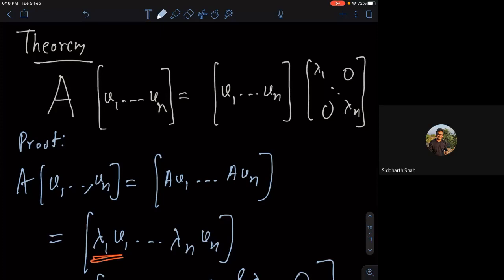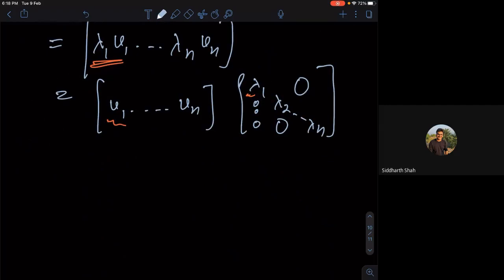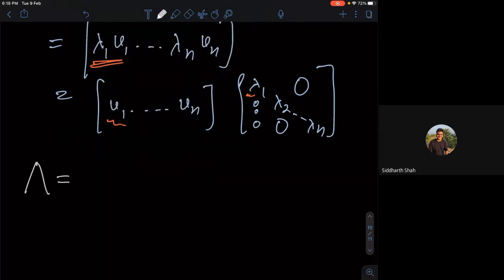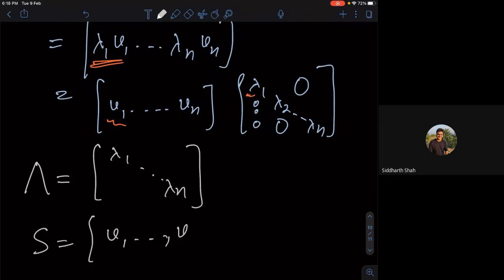Right? And usually it's written in a shorthand manner, where capital lambda is your lambda 1 to lambda n, and the eigenvector matrix is denoted by, sorry, I made a mistake, it's going to be denoted by X. You could have used any other.